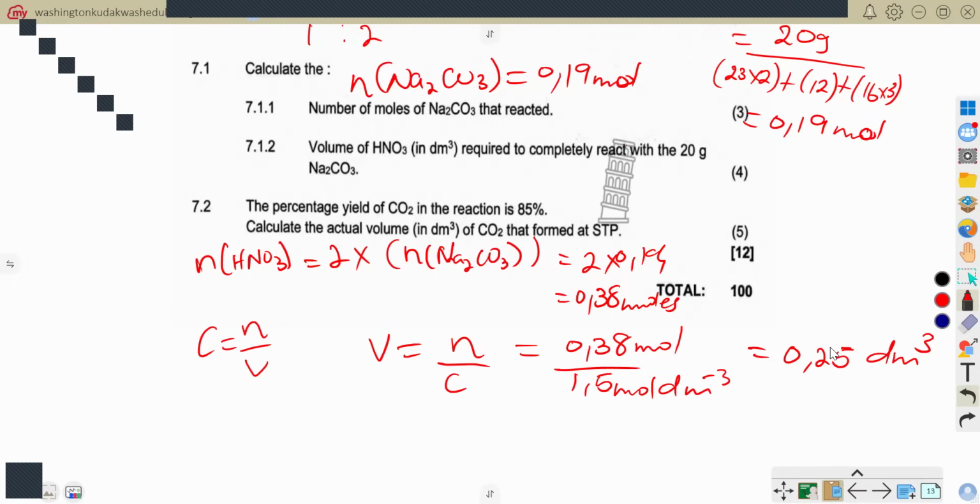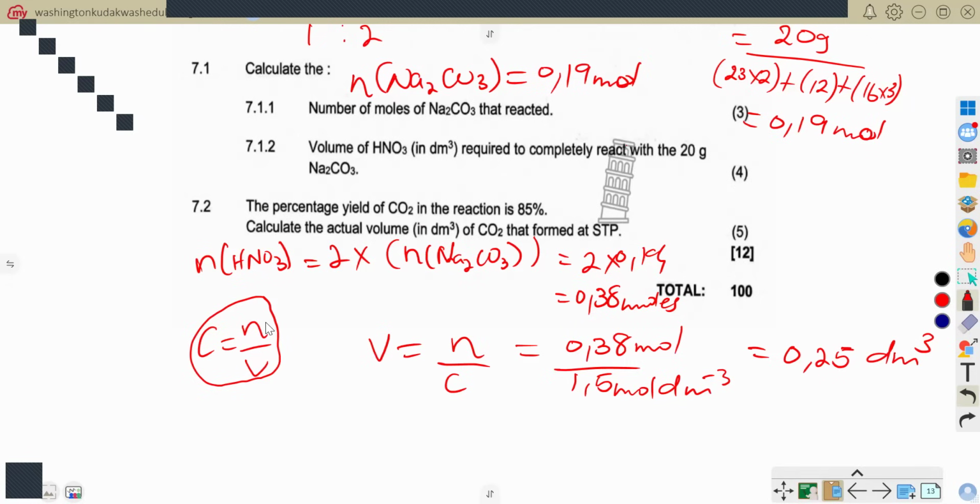So my volume there would be 0.25 decimeter cubed of nitric acid. I just used this formulation of concentration: concentration can be found by number of moles of solute divided by the volume.